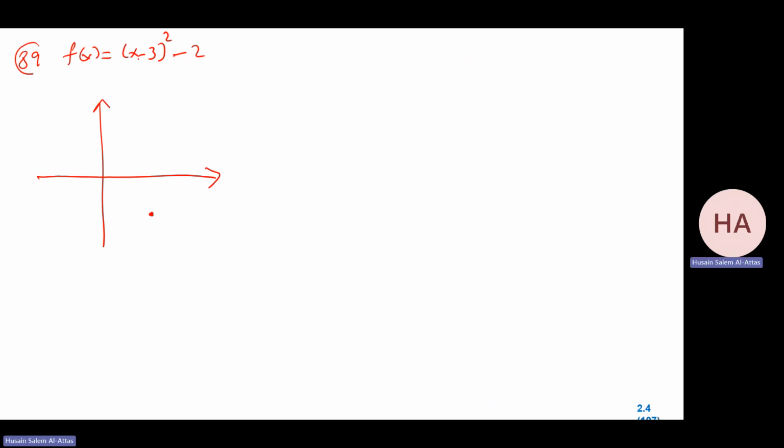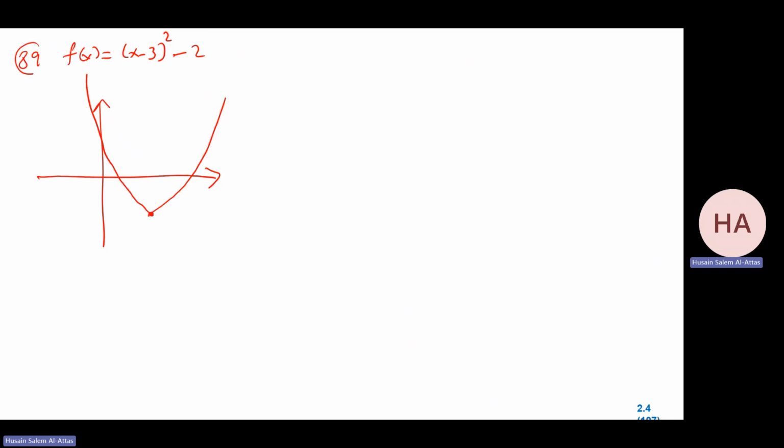At x equals 0, it will be 9 minus 2, 7. This is x equals 0, which means y will be 7. So 7 somewhere here on y. Let's do something like this.